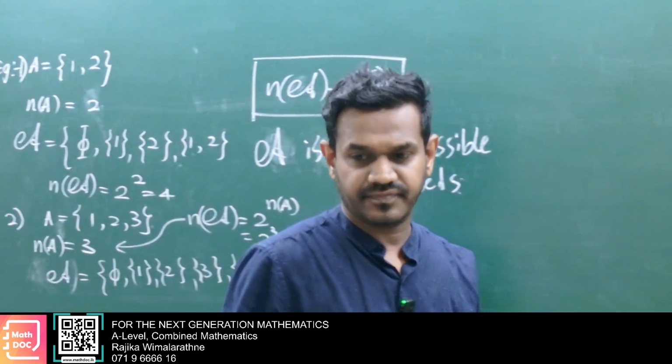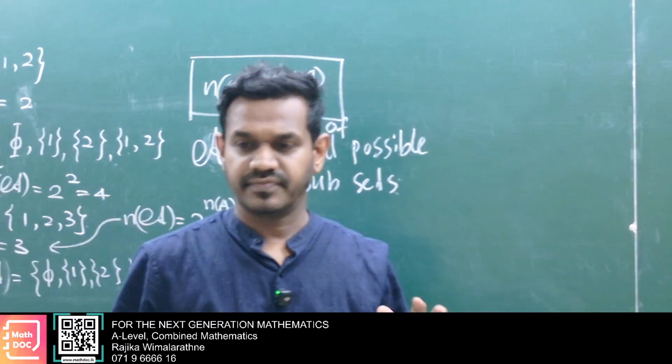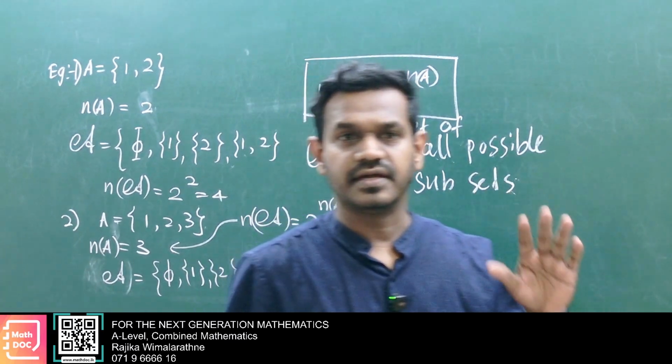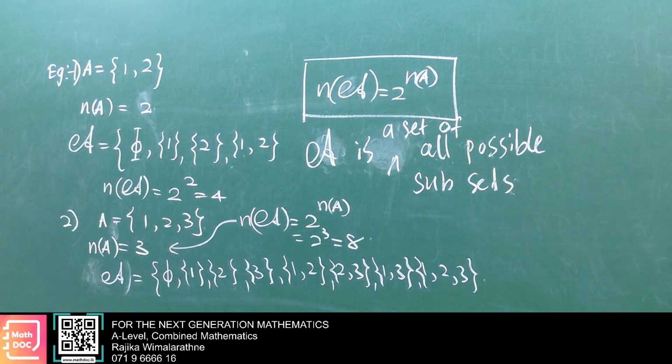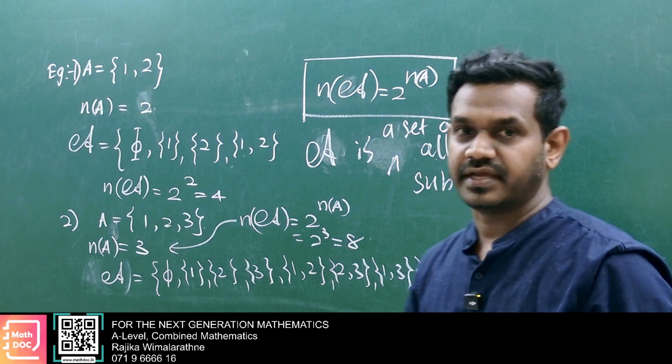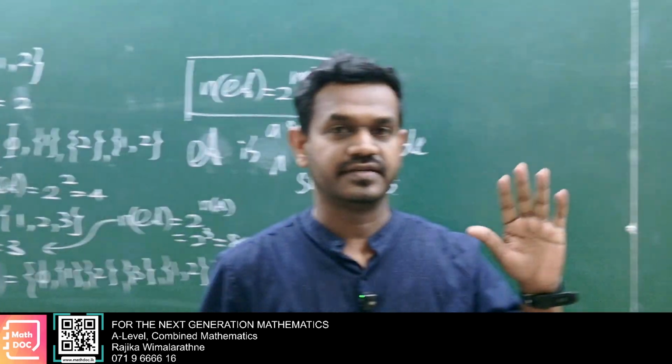Okay, write it. Power set of A: all possible subsets.